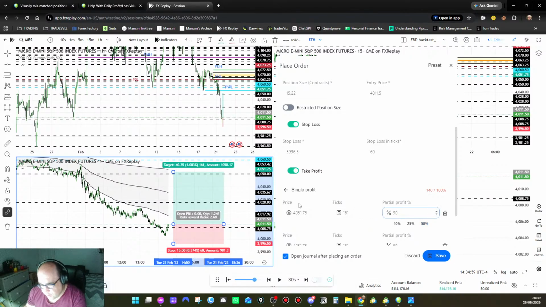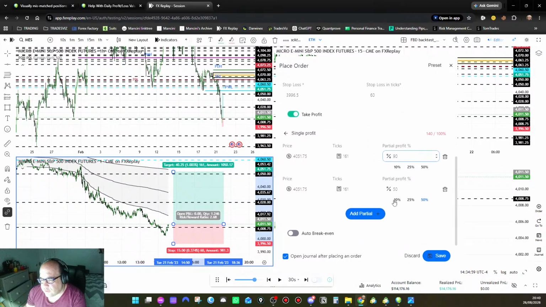We're gonna take 50% at 2.7 R, and we're gonna go 50% runner, which we aim to be at the previous day high, right at 40.88. 40.88. Gonna save it.